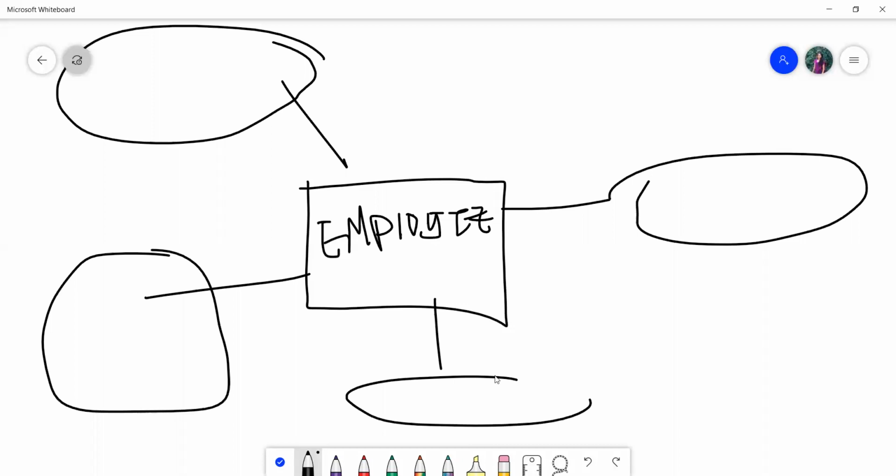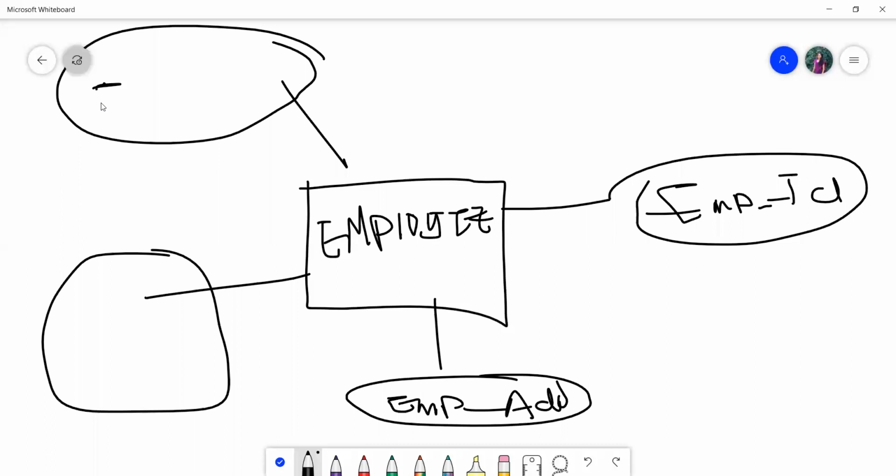You can see these are the attributes: employee address, then employee ID, employee name and employee date of birth. So what is the entity of this diagram? Identify the entity. Employee. The attributes of this entity: employee name, employee ID, employee address, and employee date of birth.